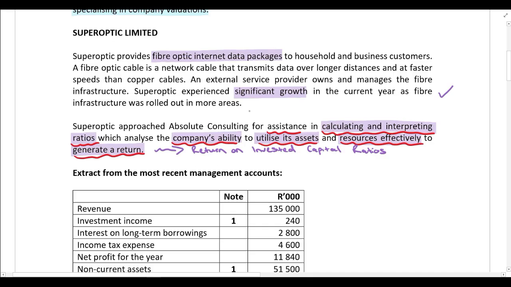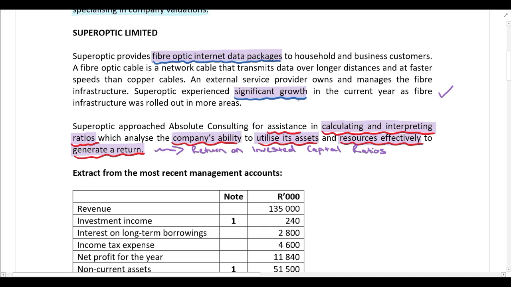You were told that they experienced significant growth in the current year as fiber infrastructure was rolled out in more areas. So obviously, as fiber was rolled out in more areas, more people will have access to fiber. So there was an increase in the number of potential customers looking for fiber optic internet data packages.